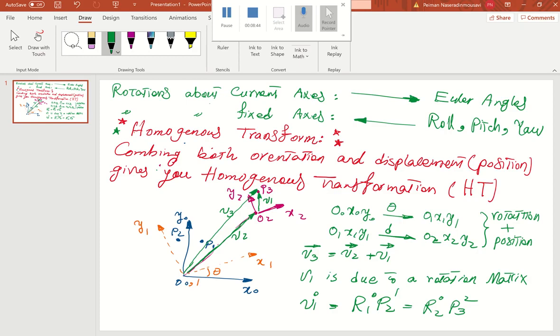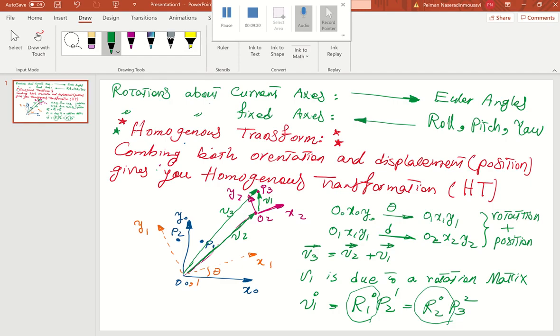Understand? This is very clear. Because again, O2, X2, Y2 happened because of a translation of O1, X1, Y1. There is no rotation, only translational motion. But O1, X1, Y1 is the result of a rotation theta. So P3 or P2 are the result of rotation, or rotation matrices. You see here, V1 with respect to 0 is P2 with respect to coordinate system 1 and the rotation matrix.